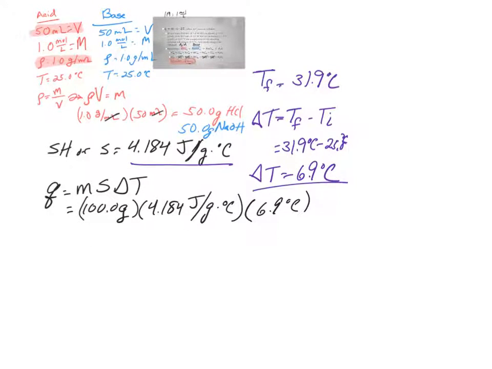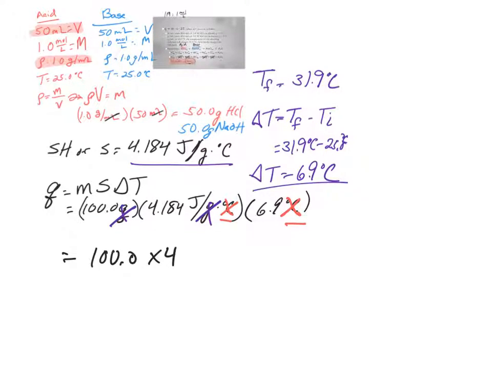All right, and now we can check that. The degrees Celsius cancel out because it's in the denominator here, numerator there. And our grams are going to cancel out because we have numerator there, denominator there, leaving us with just joules. So 100 times 4.184 times 6.9.